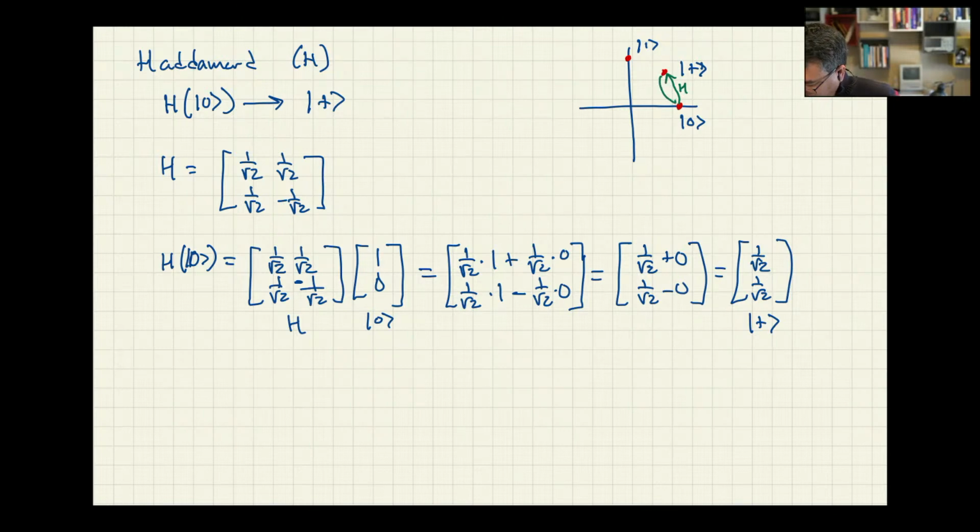And if I start there and I apply the H operation, I go back to 0. And if I apply the X operation to the 0, I go to the 1. And if I apply the X operation to that one, I go back to the 0.